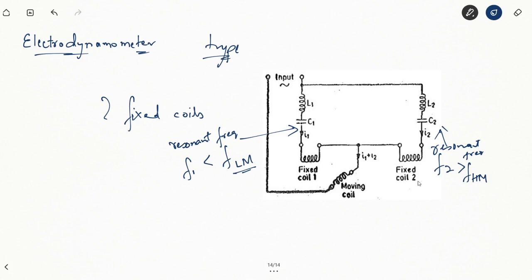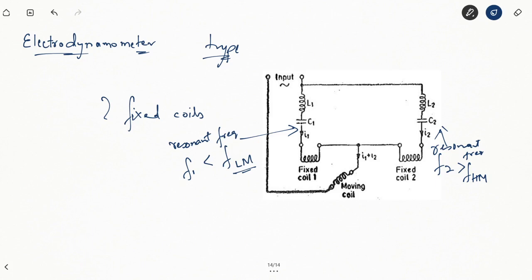You have to appropriately choose the values of L1, C1 and L2 and C2. We keep L1 and C1 such that F1, the resonant frequency of fixed coil 1, will be less than the lower meter reading of this particular device, and resonant frequency F2 is kept such that it will be slightly higher, not much higher, than the upper scale meter reading of this particular circuit.